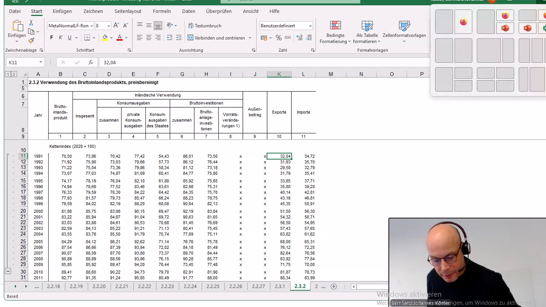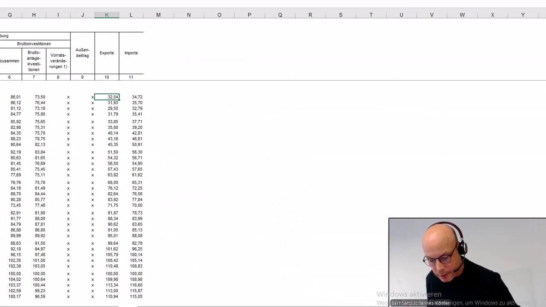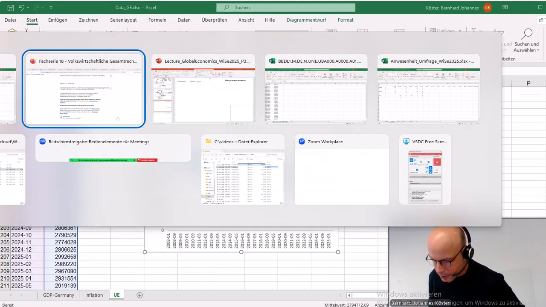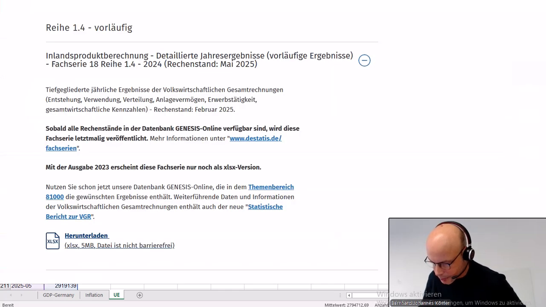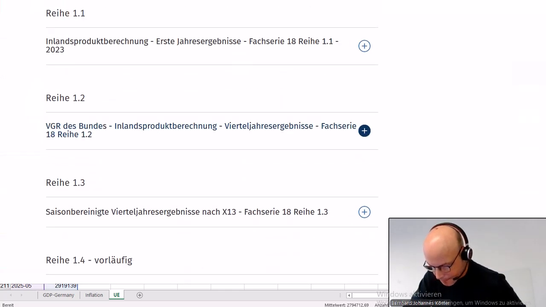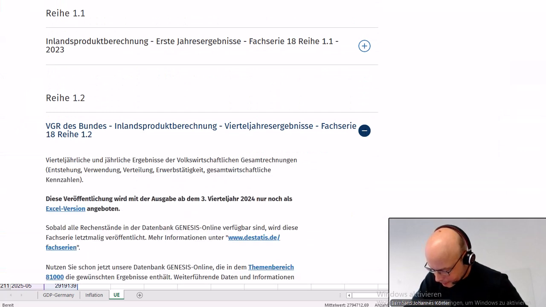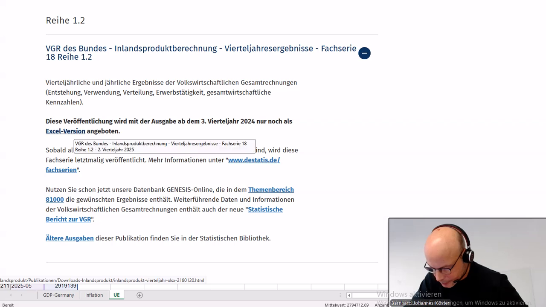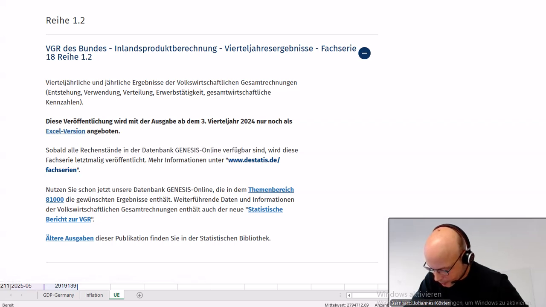Let me try the other file, because there I think we got quarterly data, which will be a little bit more interesting. So here, this is skipped, sorry.